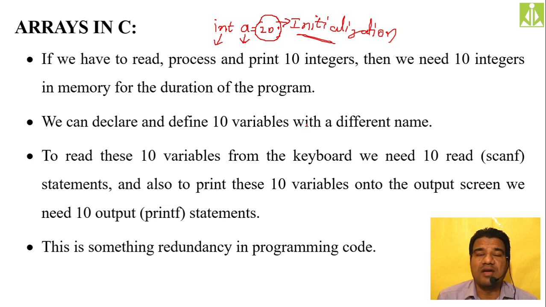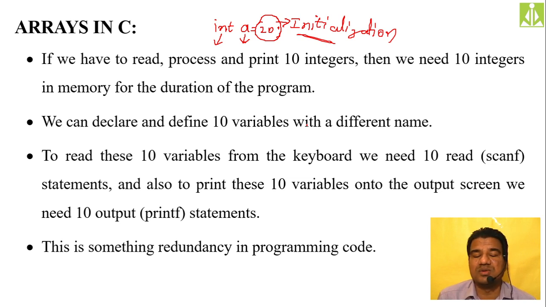Moreover, whenever we are using variables in our program, we have to read the values from the keyboard for those variables. As the variable count increases, the number of read statements, like scanf statements, to read the values into those variables will also increase, isn't it? If you are reading only one value, we write one scanf statement.